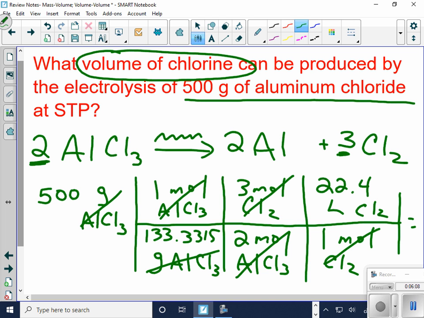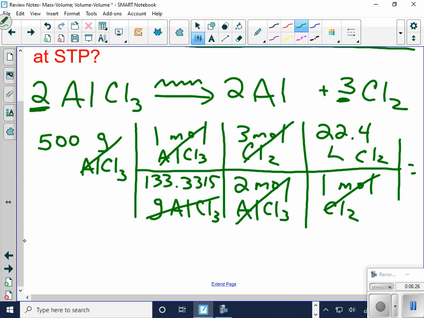So now all I have to do is get my calculator out and do my math. 500 divided by 133.3315, multiply by 3, and divided by 2. Multiply it by 22.4, and I come up with a value of, my label is going to be liters of chlorine. Now, my value comes up to be 126. But how many sig figs did I tell you I had?